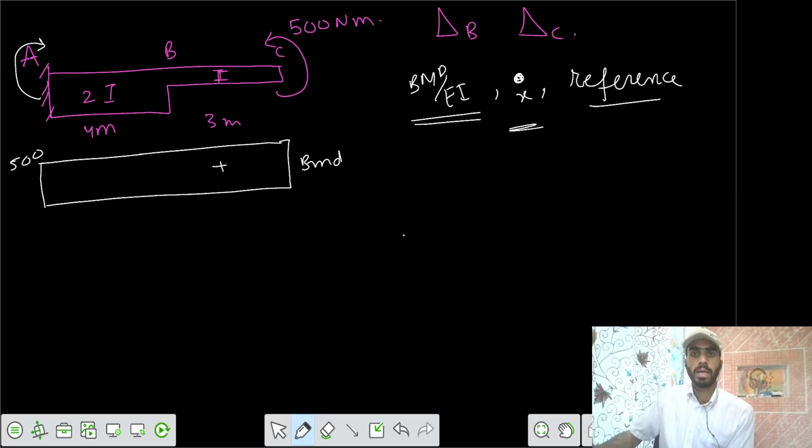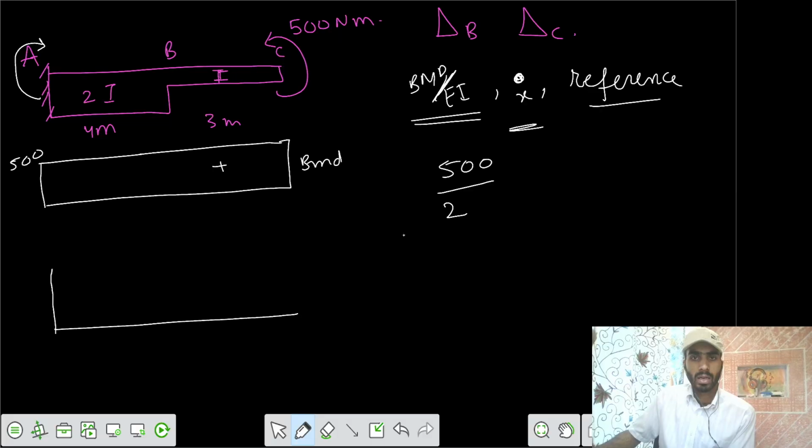But we don't need BMD. We need M by EI. So let's take it in terms of M by EI. This was your 500. Here we can write 500 by E into I. Your I value here is 2I, so it becomes 250 by EI. So this is your 250 by EI up to this point.